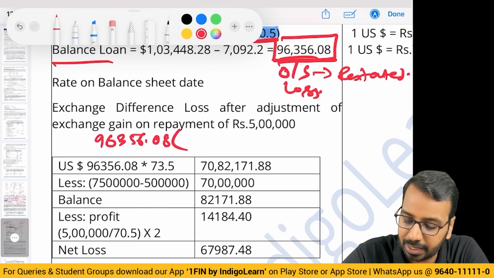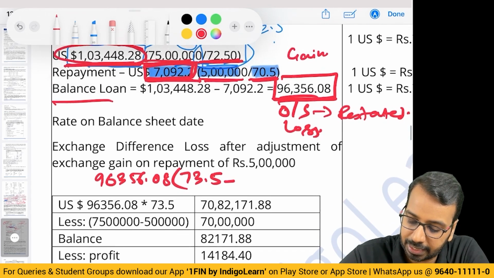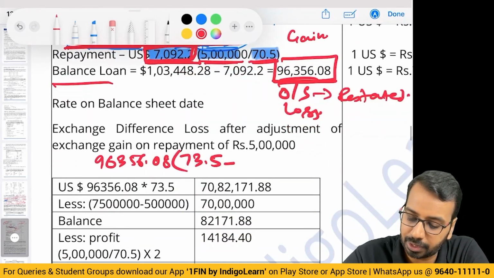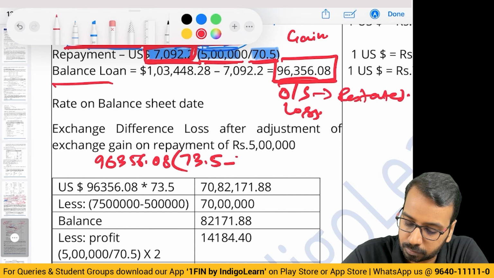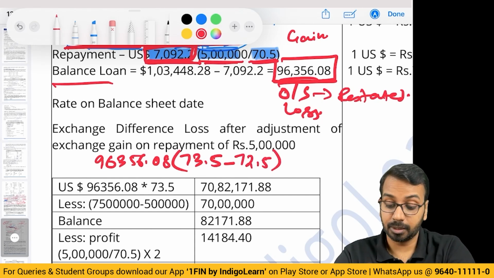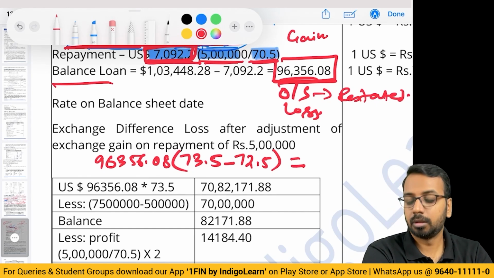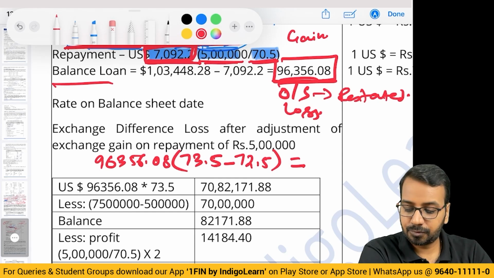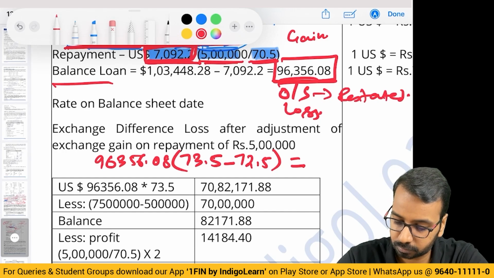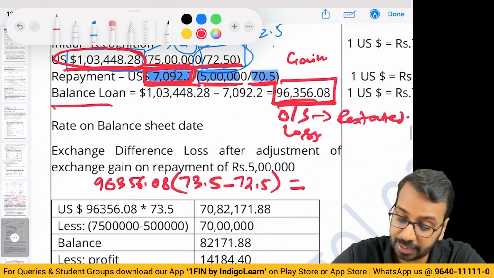96,356.08 multiplied by 73.5 minus, we have taken it at what value? We have taken it at 72.5. Right? So this becomes 96,356.08 multiplied by 1. Sorry, 72, not 72.5.